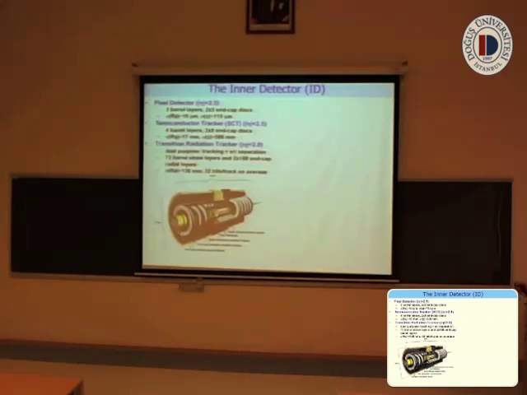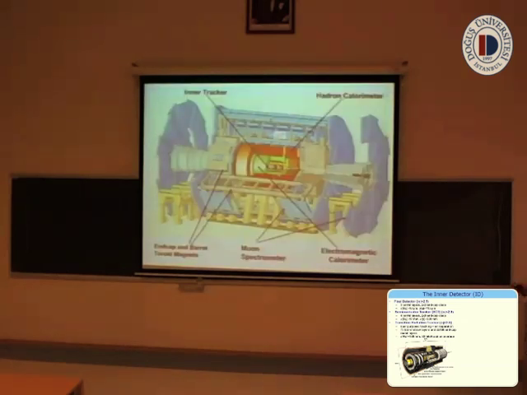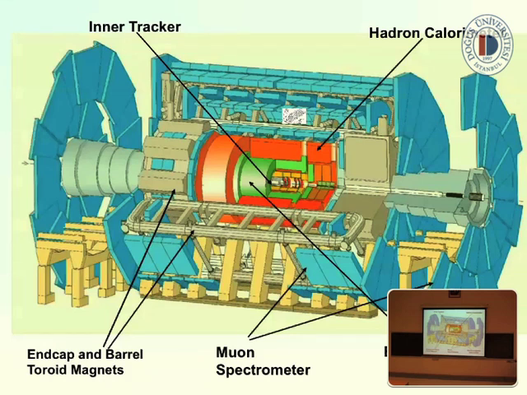Once I say pseudorapidity, I have to demonstrate what it is. It's like in this direction that we measure. So here is pseudorapidity 0, and here is approximately 2.5. So we have coverage up to 2.5.